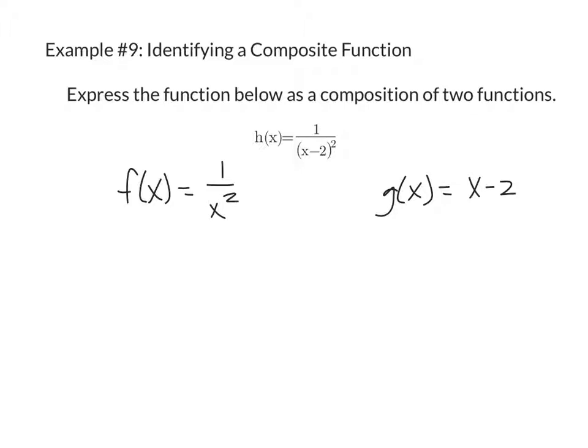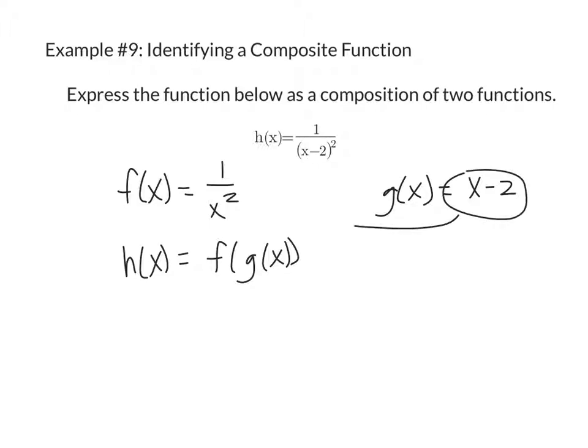And then which one went into which? This one would be that h of x equals f of g of x, because I can easily tell that g of x had to go inside of f of x. So this is our answer.